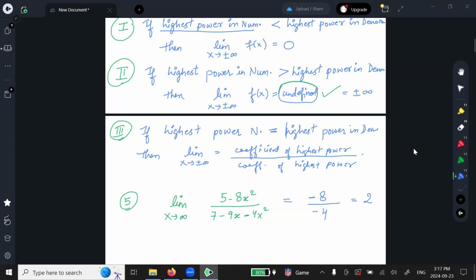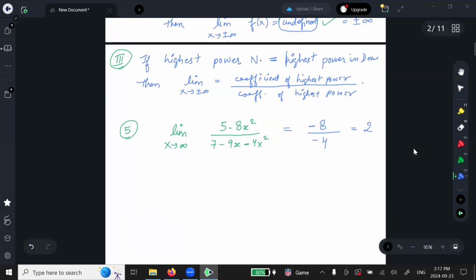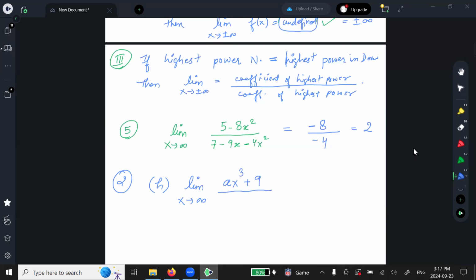Let's do one more. But this only works for infinity, okay? It doesn't work for other things. The rules. Okay. This is question number 2, part H. So I have the limit as x approaches infinity of ax cubed plus 9 divided by bx to the 6 minus 10x.